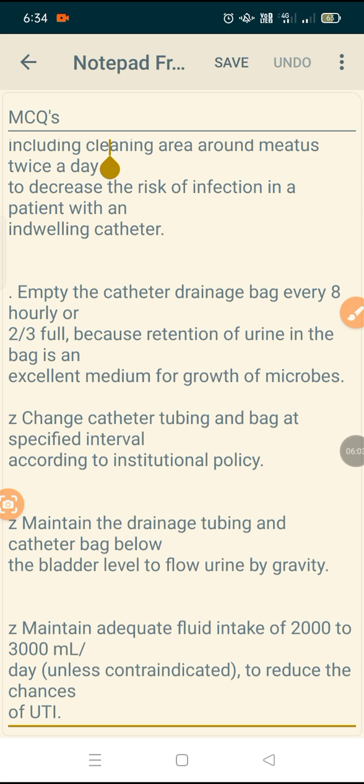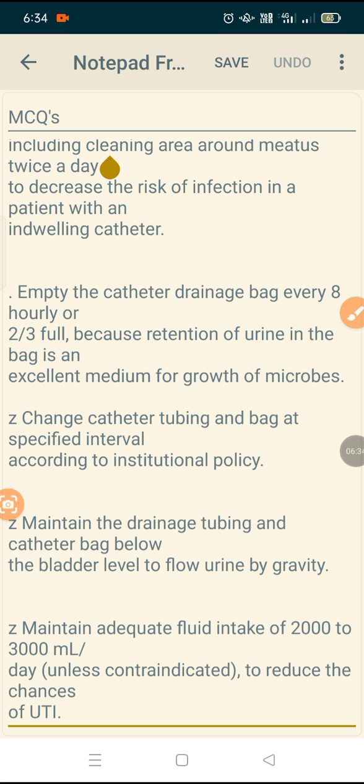So what will happen, it will flow directly into the urinary bag. If we are not keeping the bag down, the flow will be obstructed and the urine will stagnate in the bladder itself. So we need to hang it below the level, so urine flows to the bag by gravity.